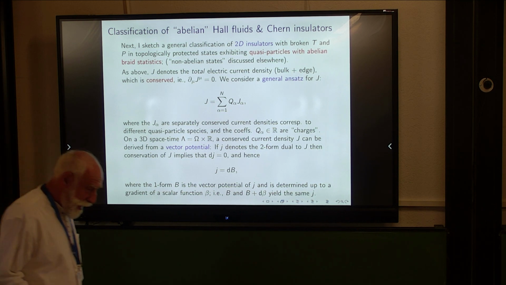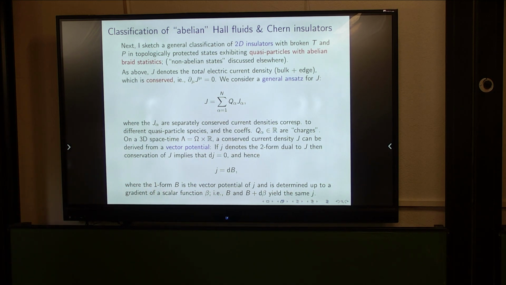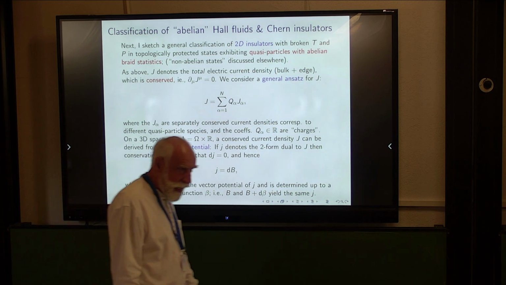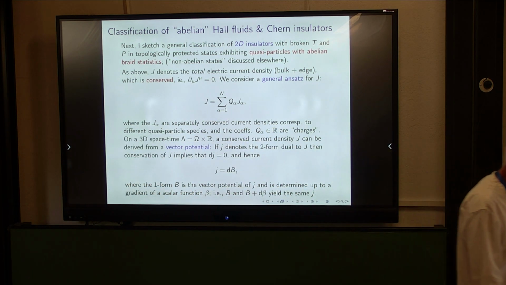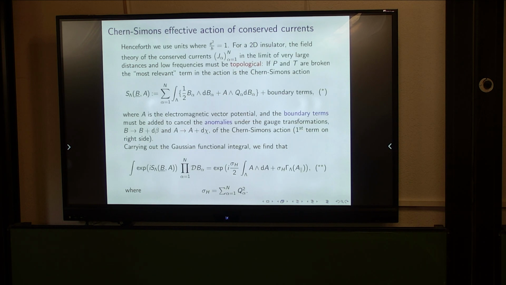As everybody believes, there are different species of quasi-particles circulating at the edge in a chiral fashion, and every species leads to a conserved edge current. These conserved edge currents are in one-to-one correspondence with these J alphas. But a priori, this is just an ansatz, and let's see how successful the ansatz is. And it turns out to be immensely successful, as we will see on the next slide.